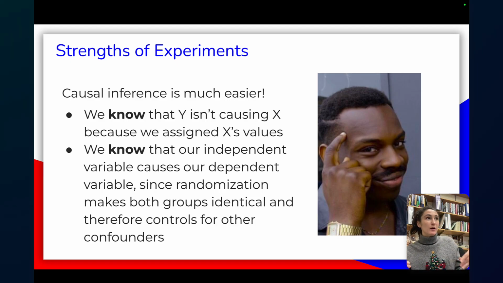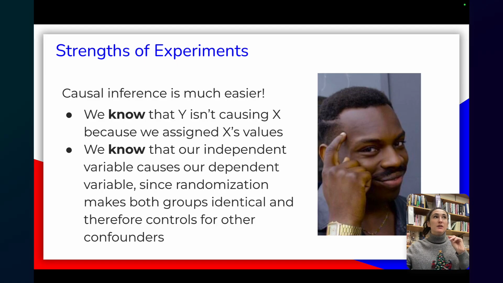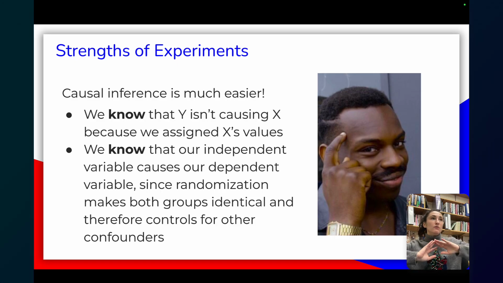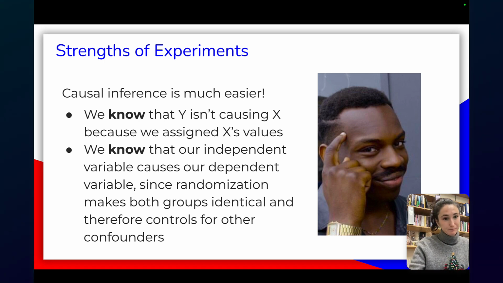Remember how we talked about the Guess Who characters, right? Maria and Anne, they're randomly assigned, and we had even distributions of people with hats, people with beards, people with glasses, right? We've controlled for all of those other confounders. And instead, the thing that we have control over is the treatment or the placebo.